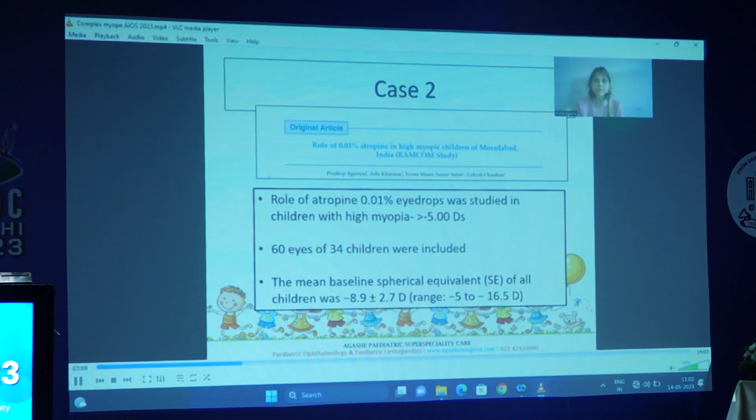So this was a study that studied how low-dose atropine drops were effective in children with high myopia, where 60 eyes of 34 children were included. And the refractive error bracket that was studied was high myopia in the range of -5 to -16.5.